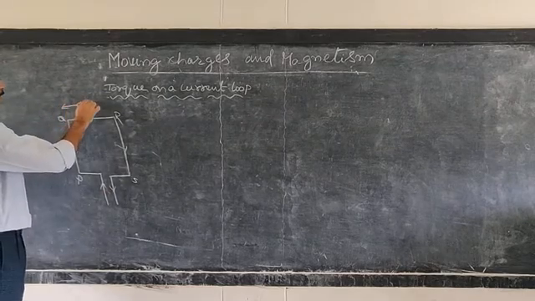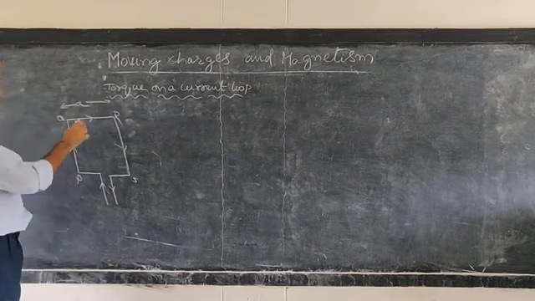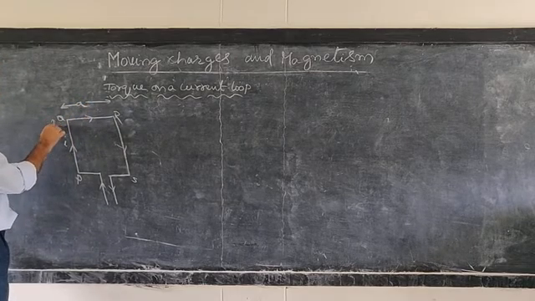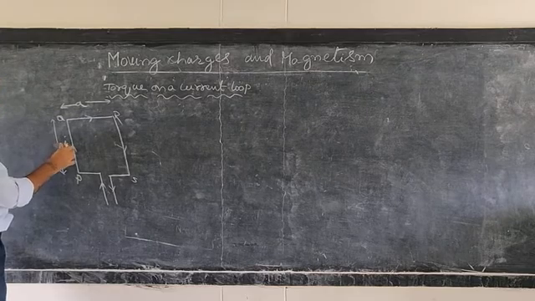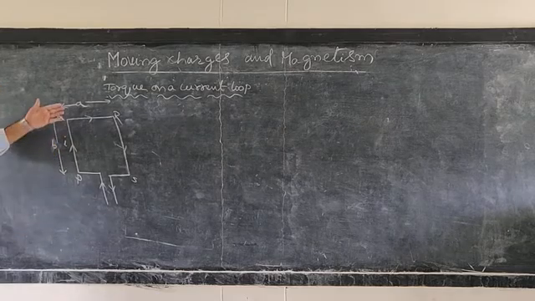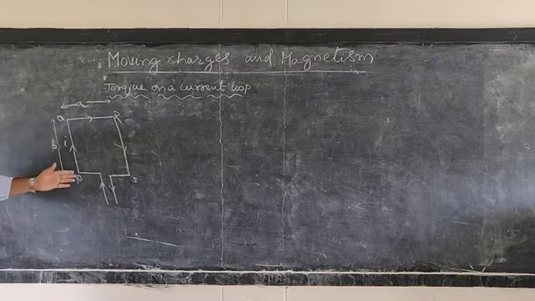Let a be the width of the coil, that is the width of the loop, and say L, or let us call it b, is the length of the loop.